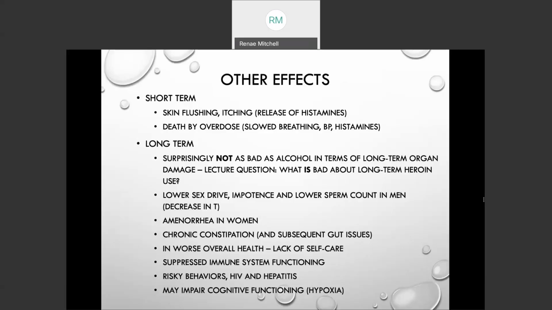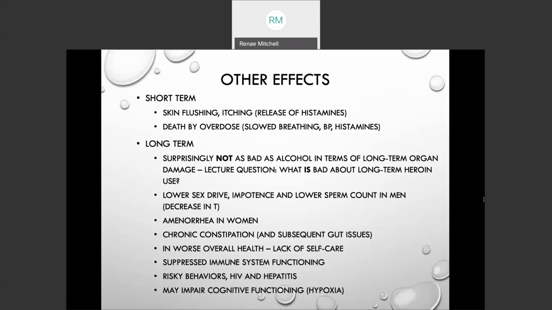And so your lecture question for this week is: given that chronic long-term use of opioids doesn't really damage the body directly, what is it about long-term heroin use, long-term opiate use that does cause medical problems? Because you do see medical problems in people who are using heroin, but it's generally not due to the direct effects of heroin on the body itself. So my question for you is, what is it due to?